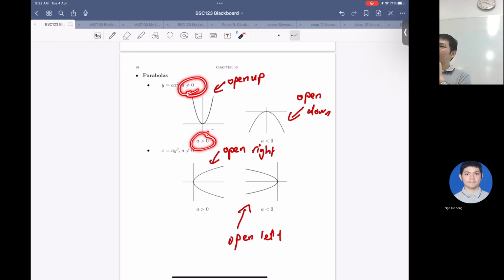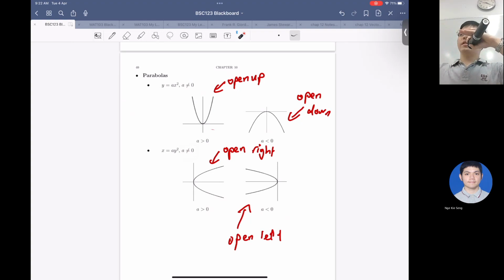So why can a not be 0? What happens if a equals 0? y equals 0 in the first case, x equals 0 in the second case. So you just get a straight line.